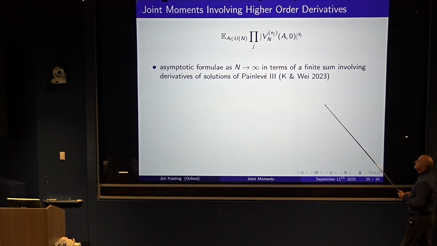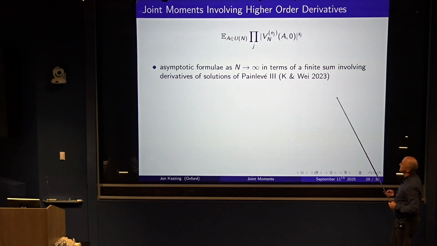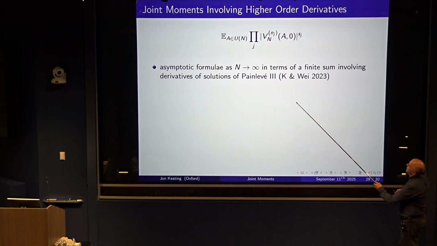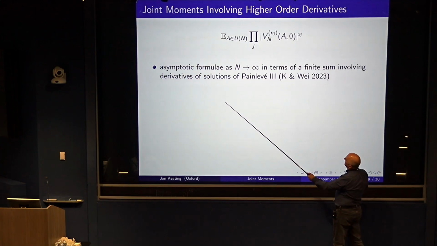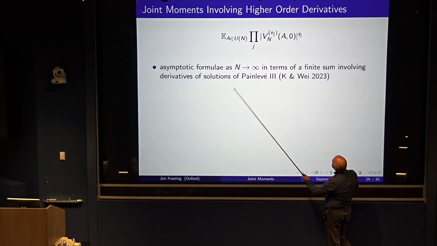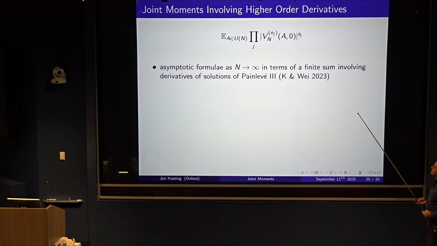You can think of that as summing over Young diagrams associated with Hankel determinants. When we realized that, we were able to show that in this general case, just as for the joint moments we considered before, these are expressible in terms of sums of derivatives of solutions of Painlevé III.